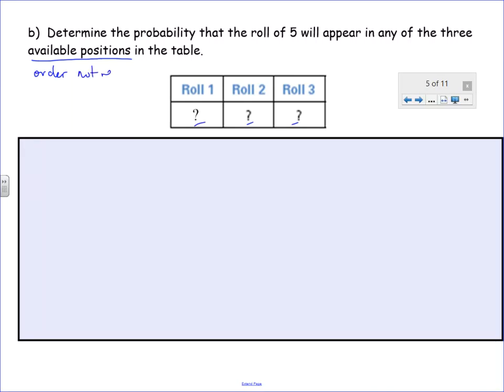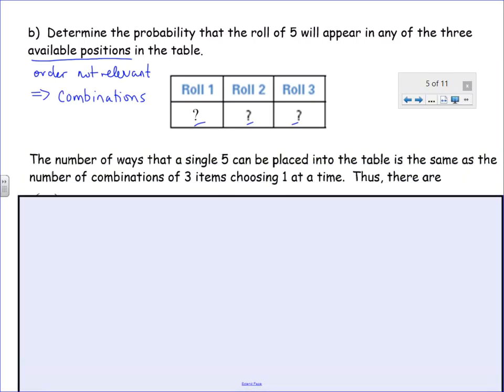So the order is not relevant, but we are looking to arrange that 5, order not important, which is going to imply that there will be multiple probabilities to consider, and there will be different positions in which the 5 will go, and that is going to involve the use of combinations. As mentioned previously, throughout this unit, we'll come back and keep considering the notion of combination. So let's see how that's going to play out.